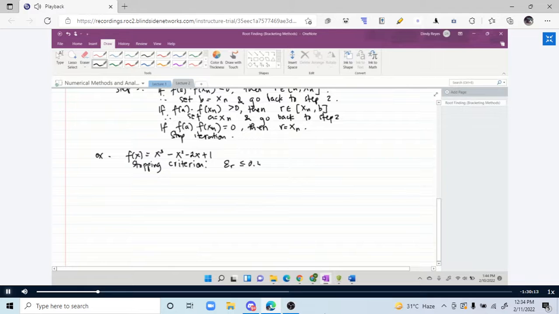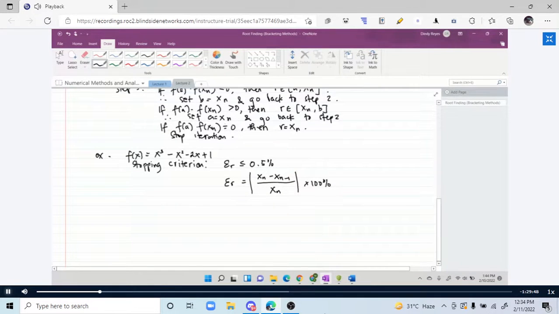It should be less than or equal to 0.5%. Okay, remember the formula for the relative error. That's equal to the absolute value of x of n minus x of n minus 1 over x of n, times 100%, where x of n is the current estimate, x of n minus 1 is the previous estimate.